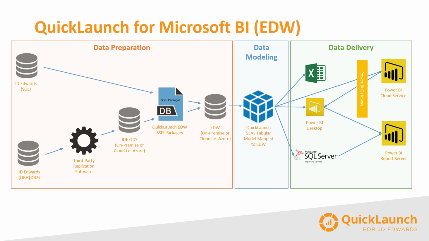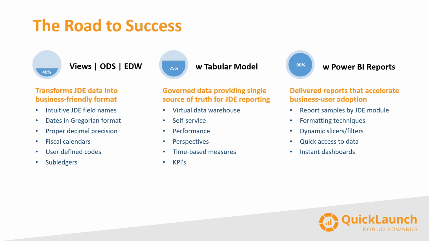We haven't really described that much, but really it's just taking these methodologies and running them side by side. So we have what we call the road to success, and these different architecture implementation approaches that we reviewed, Direct Connect, ODS, or Data Warehouse, really in themselves, we feel like get you about 40 to 50% of the way down the path of success, the road of success.